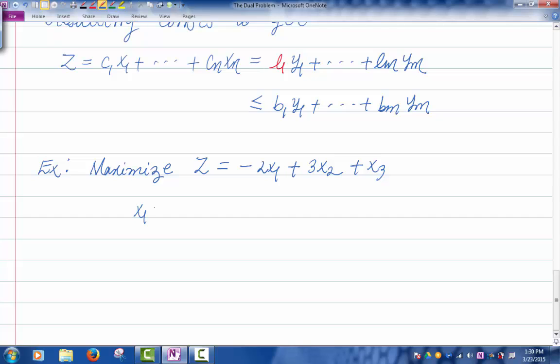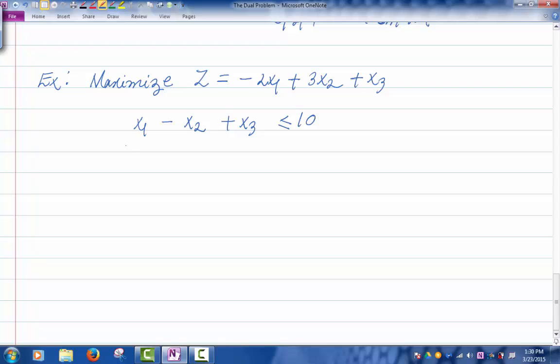And let's say my functional constraints are x1 minus x2 plus x3 less than or equal to 10, 2x1 minus 3x2 minus x3 less than or equal to 10, 6x2 minus 2x3 is less than or equal to 10. And x1, x2, x3 are all non-negative.